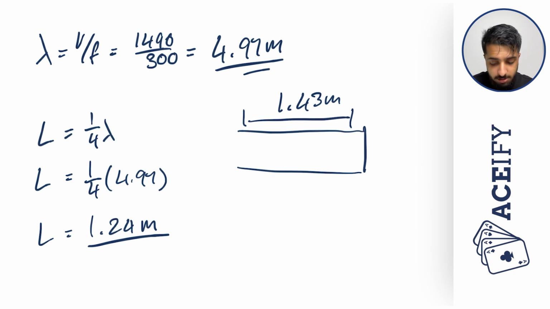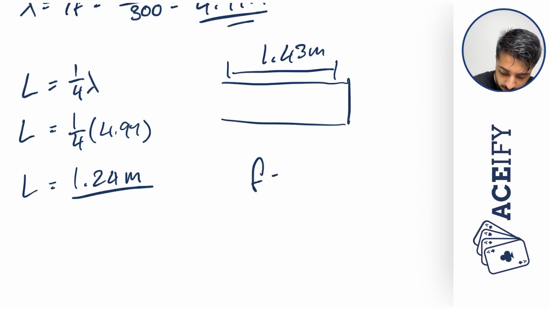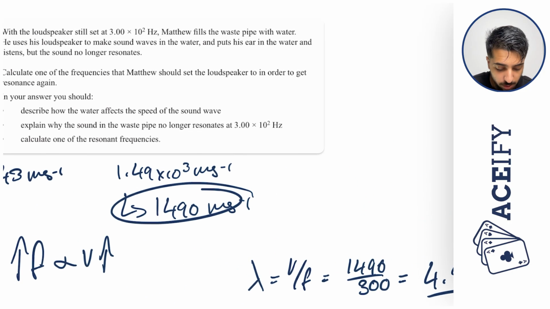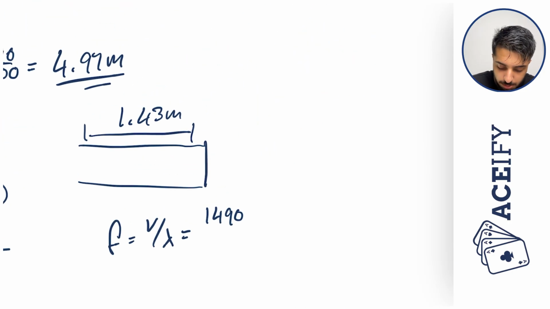So in order to find the resonant frequencies, we can use f is equal to v all over wavelength. Our velocity of the wave is again 1,490 because we're trying to find the resonant frequencies when the wave speed is the speed of sound in water. For our wavelength, we know that L is equal to 1/4 of the wavelength, so 4L is equal to lambda.